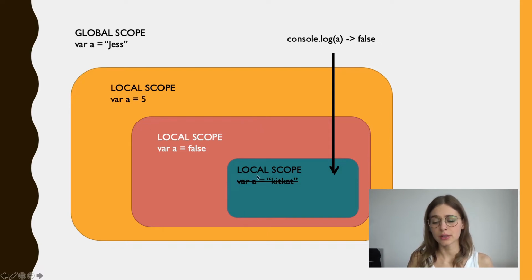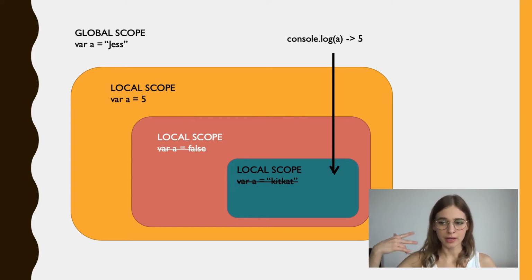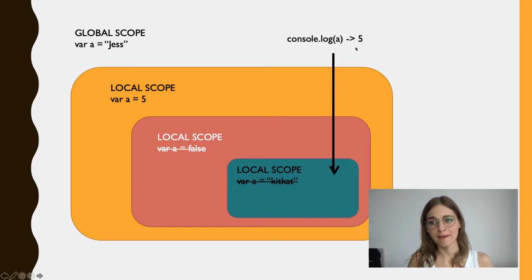And if there was a console log in this function here, but no variable a here, it would print out the value of variable a from here. So it would console log false. Then, if there was no variable a in the higher function, it would go and find the value of 5 from that variable here, and it would print out 5.